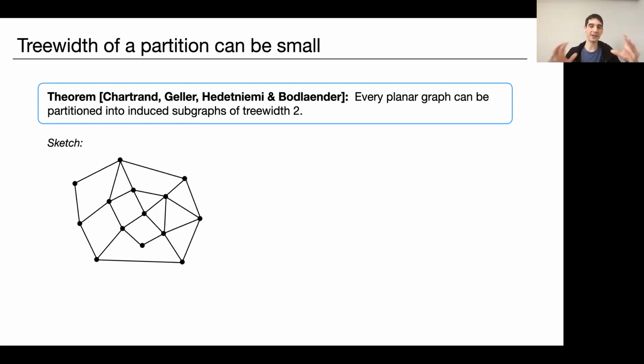First, you take your planar graph and you look at all of the vertices on the outside edge of the graph, and you put them into one partition. Then put those vertices to the side for a second and look at the remaining graph, and take all the vertices on the outside of that graph and put them in the other partition. And so you recurse in this way.